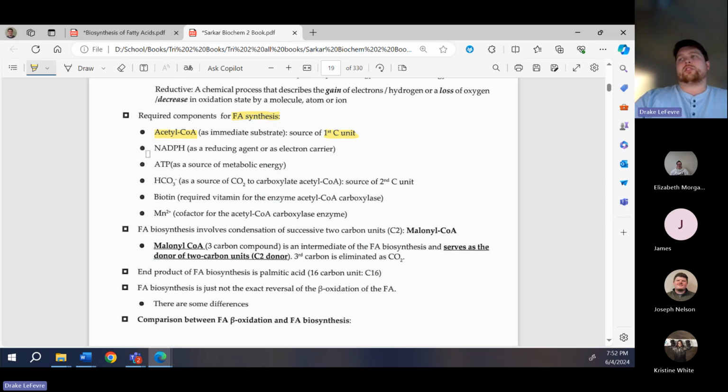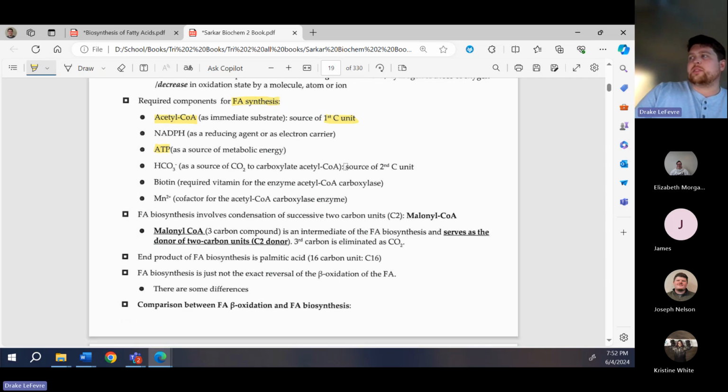We're also going to be using NADPH. Because we are building bonds, we need to use ATP. HCO3 is bicarbonate. That's going to be the source of our second carbon. Those are the big ones we want to remember, where we're getting these carbons from.